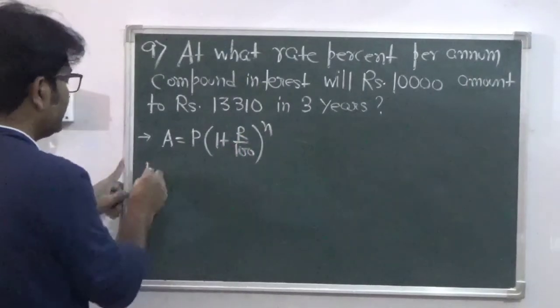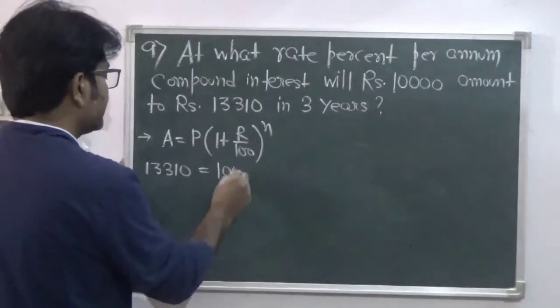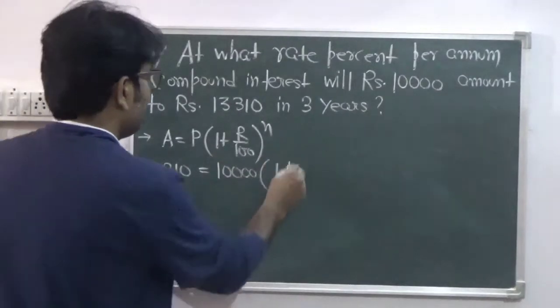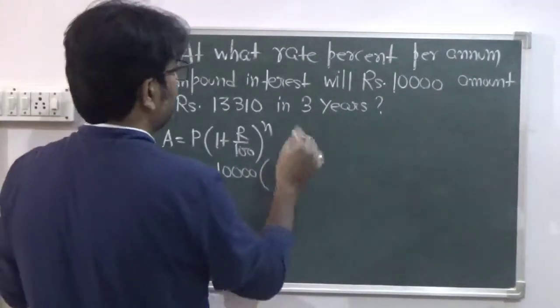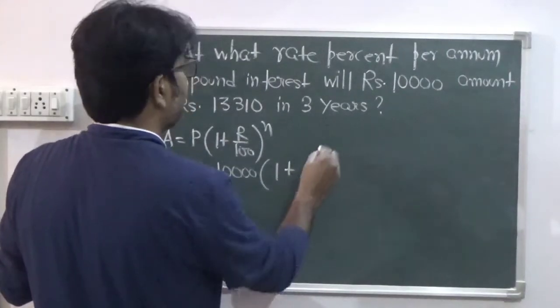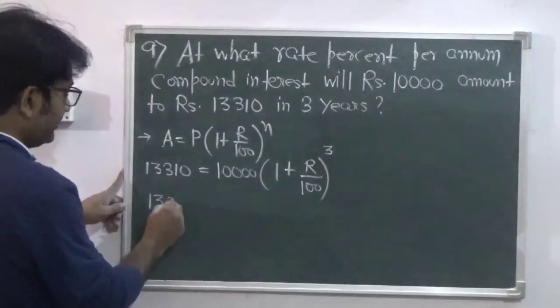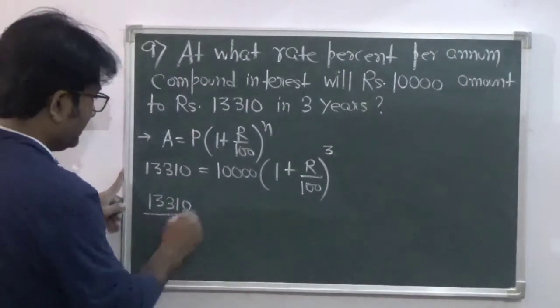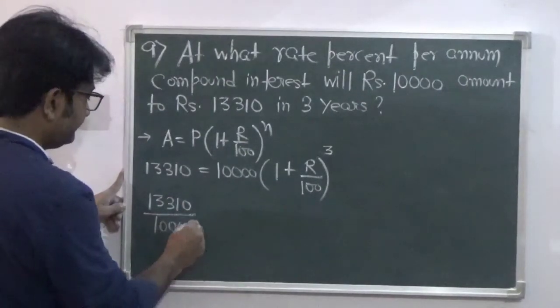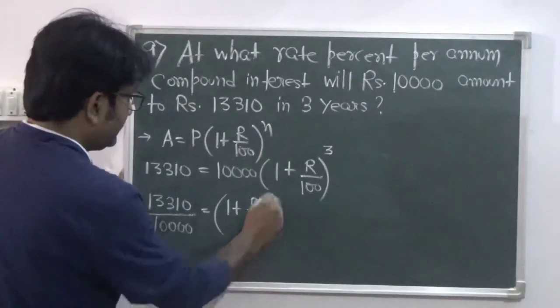So amount given is 13310. Principal is 10,000. So it is 1 plus R by 100, where the rate is what is to be found, and n is 3 years. There is a trick here to solve this question. You have 1 plus R by 100 to the power 3.